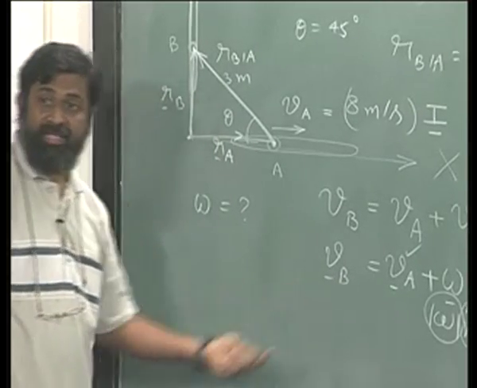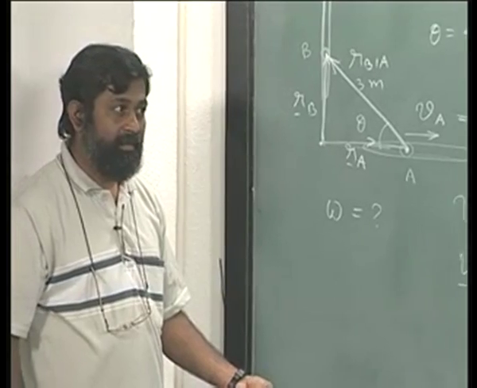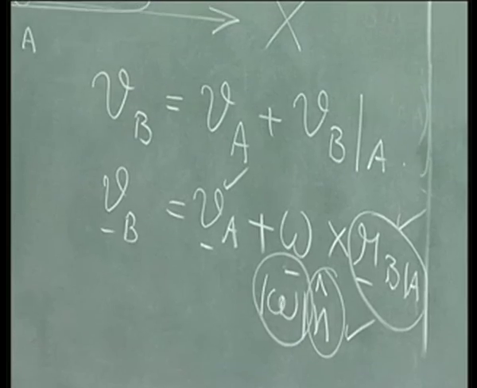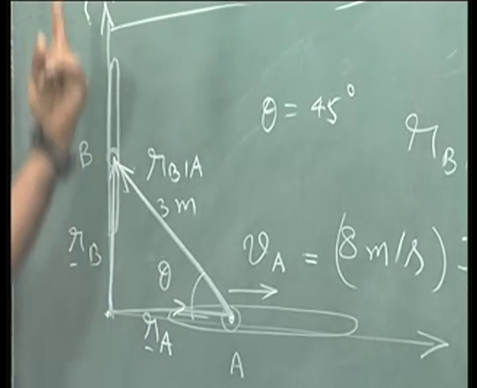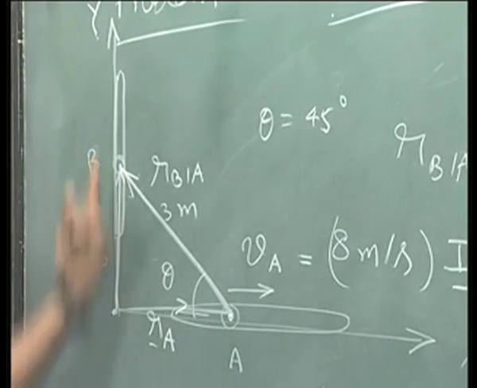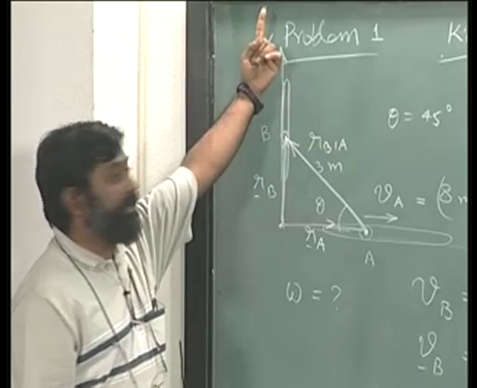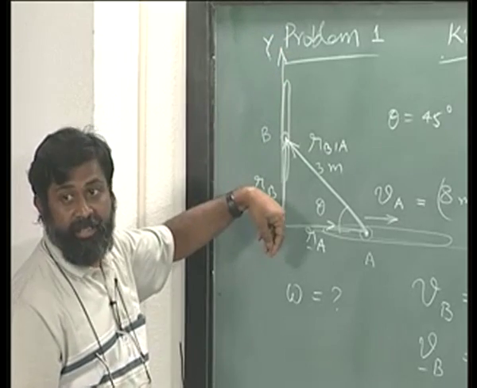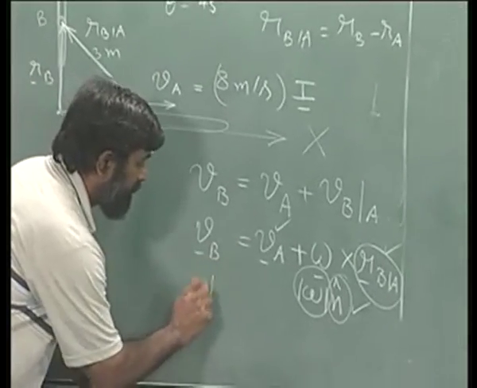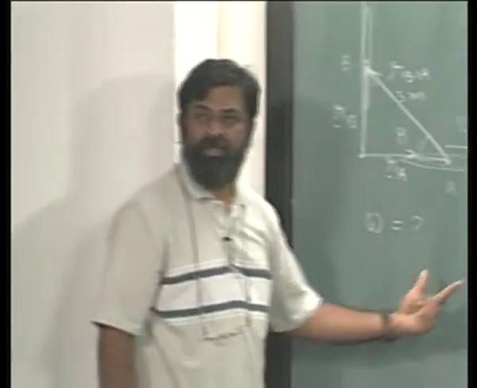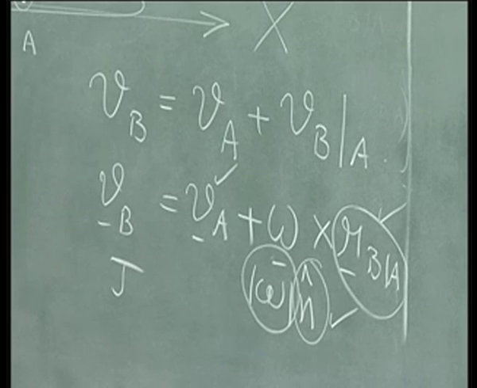VB, do I know the direction of VB? The answer is yes, it is along this direction. I can take it to be upward so that the magnitude can be negative, and so I know the direction of this is along the J direction, which means only the magnitude is not known.